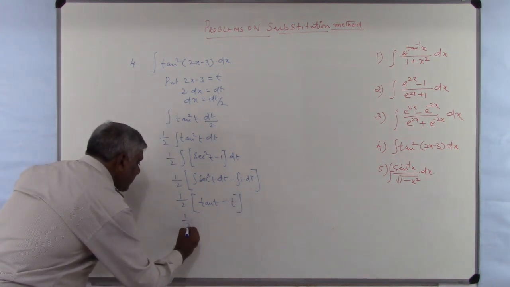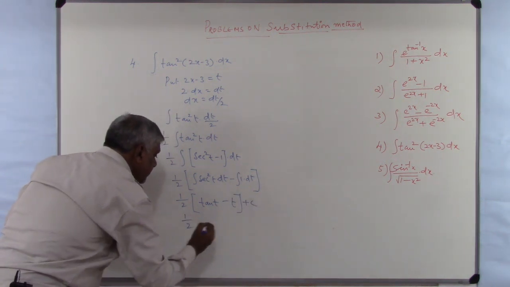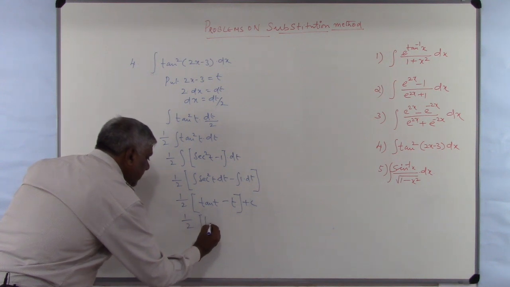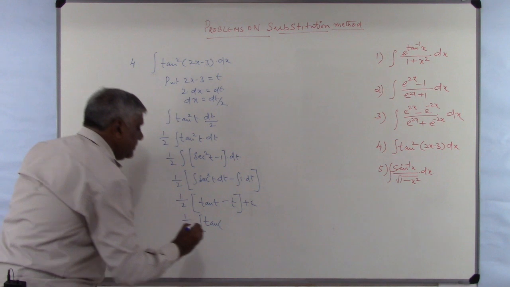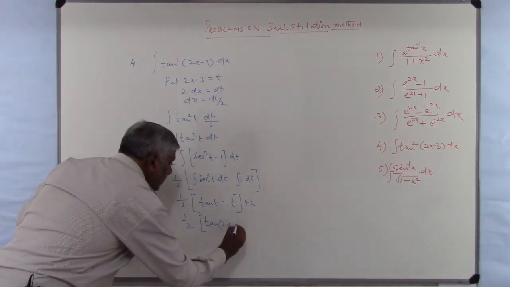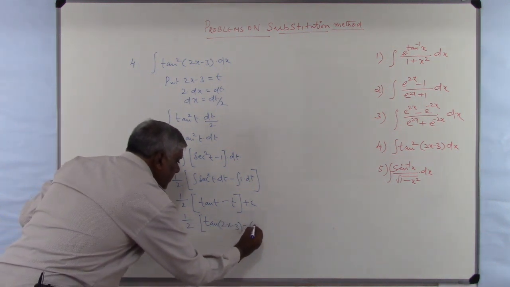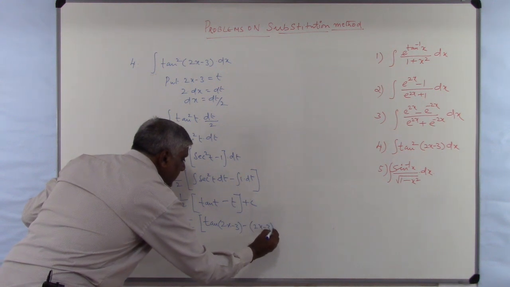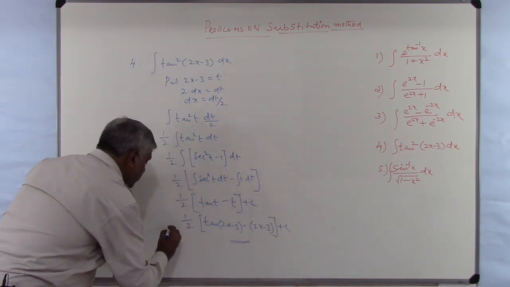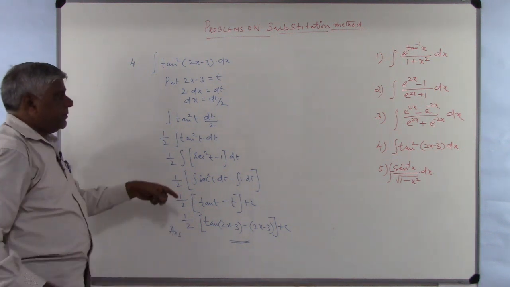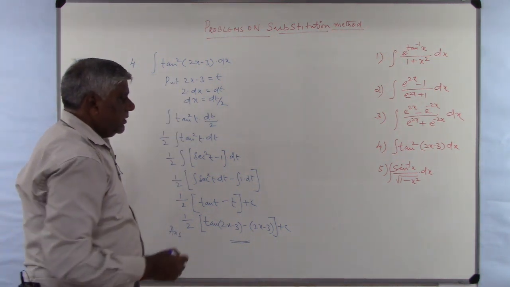Therefore, half of this, plus c. Tan of t, where t is 2x minus 3, minus 2x minus 3, plus c is the answer of this. Now we will go for the last problem.